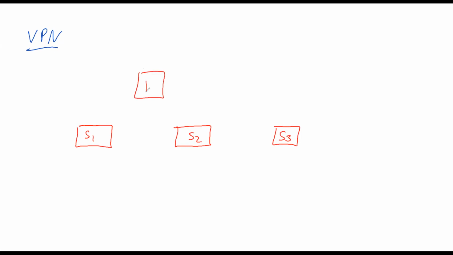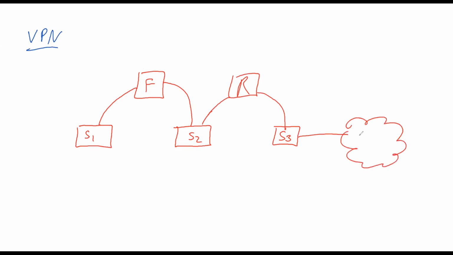That's the firewall now. And then you also have maybe a router. And then you have your remote worker in the internet somewhere, which is not trusted. It could be an employee, a remote worker.